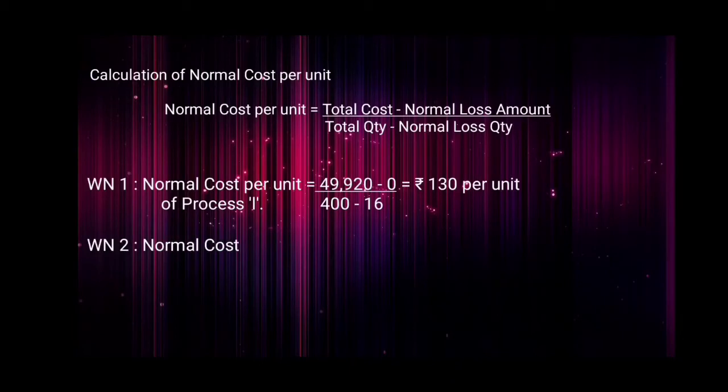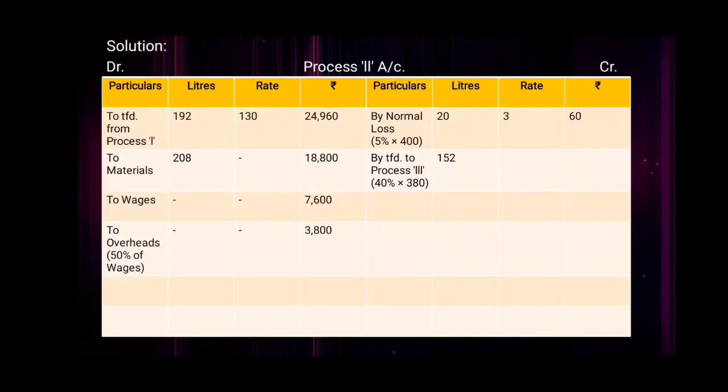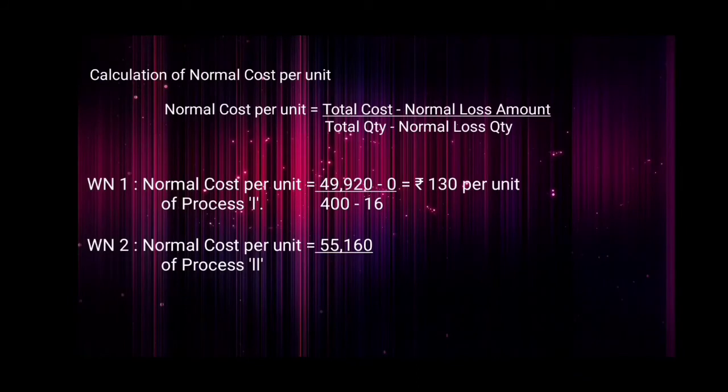Normal cost per unit of process 2, which is equal to total cost. So the total cost amount will be 24,960 plus 18,800 plus 7,600 plus 3,800. So the total amount will be 55,160 minus normal loss amount.